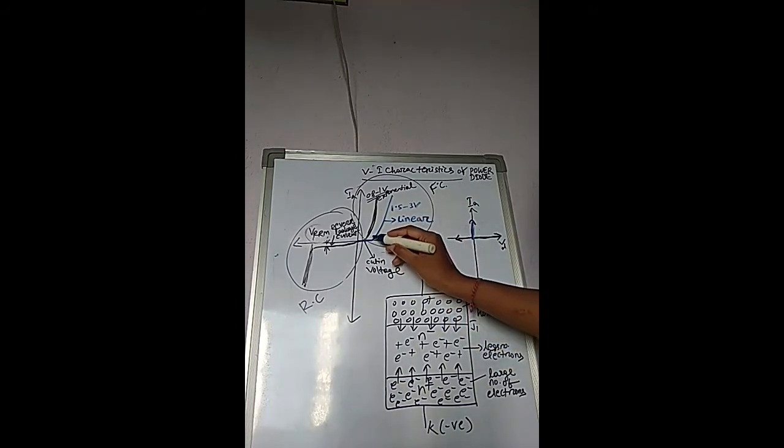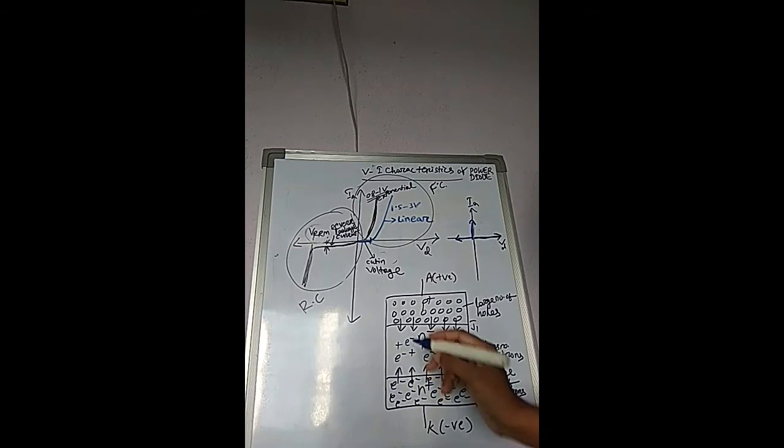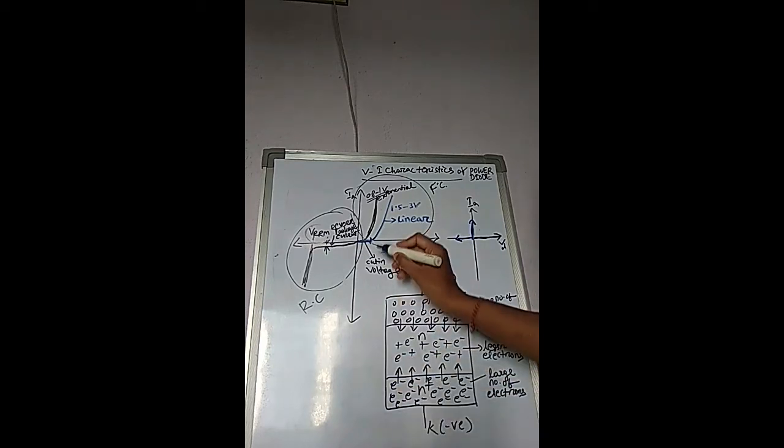So here the operating voltage is higher, that's why here this is the cut-in voltage level.